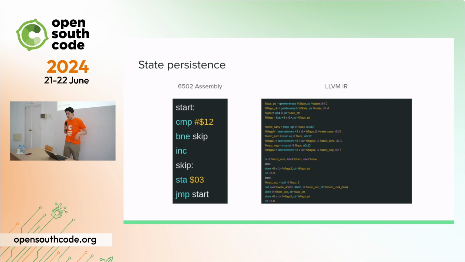Another interesting thing of this method is that we don't have to update the main memory every time we modify a register. For example, when we hit the branch not equal and we early return the 3 there, the only thing that we're actually storing to memory is the flag register.